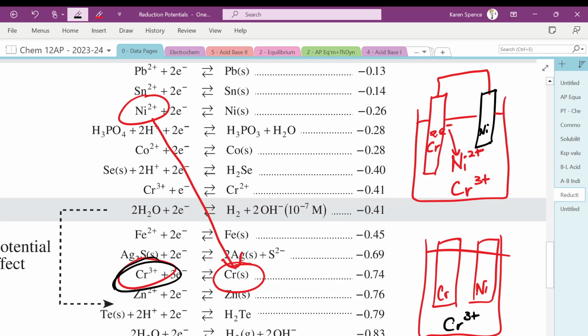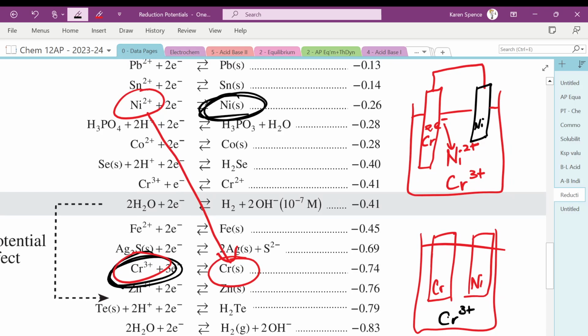We're not going to put any nickel 2+ because then we'd get a spontaneous reaction within there and no wire is necessary. We now have chromium 3+ and nickel, and that is a non-spontaneous reaction, yes? So you're not going to have chromium 3+ grabbing electrons from the nickel electrode.